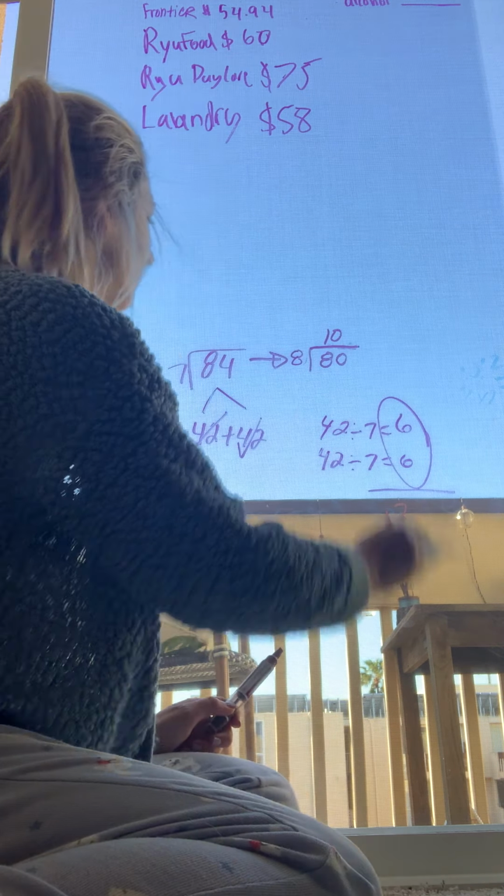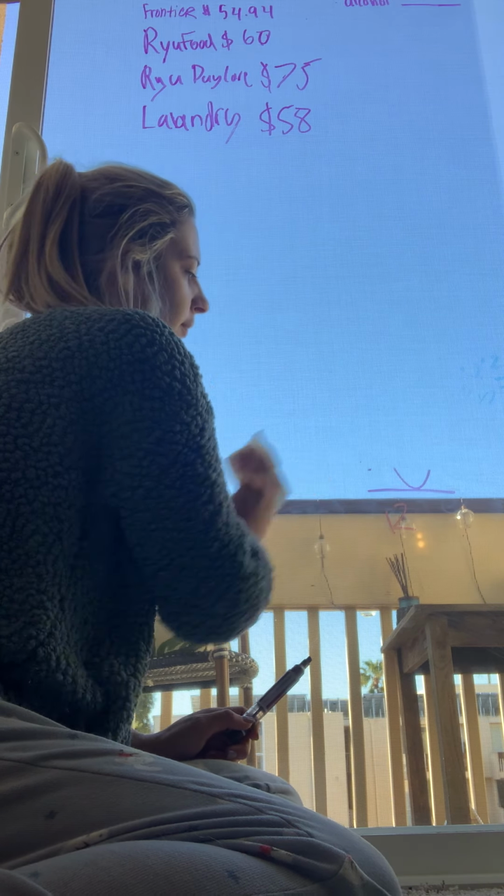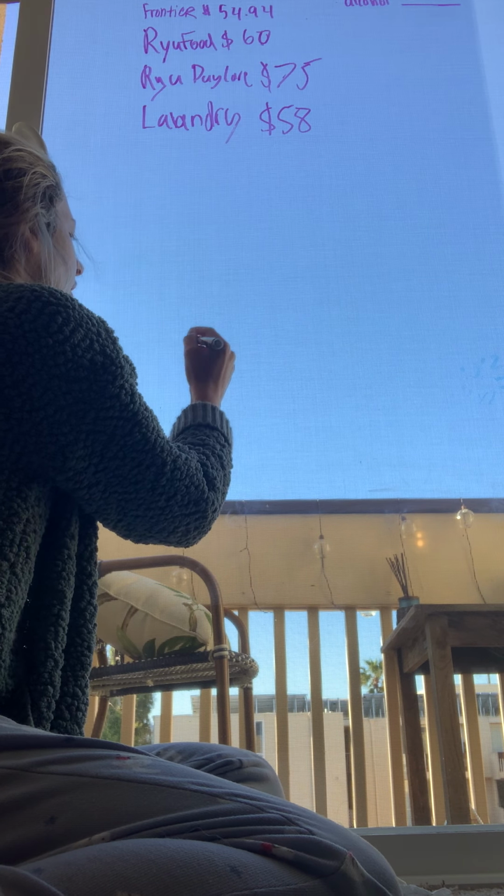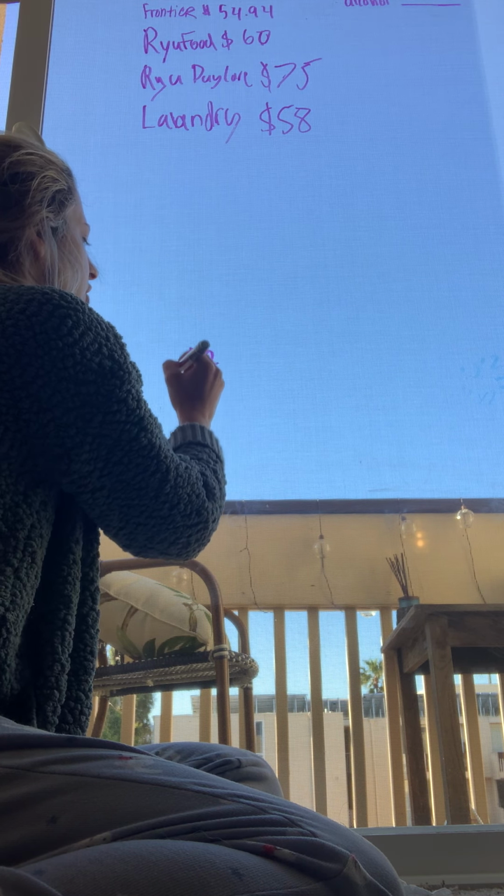All right, let's do number 3. Jayla ran 3 miles in 42 minutes. If she ran all 3 miles in the same amount of time, how many minutes did it take her to run each mile? So we're starting with 42 divided by 3.